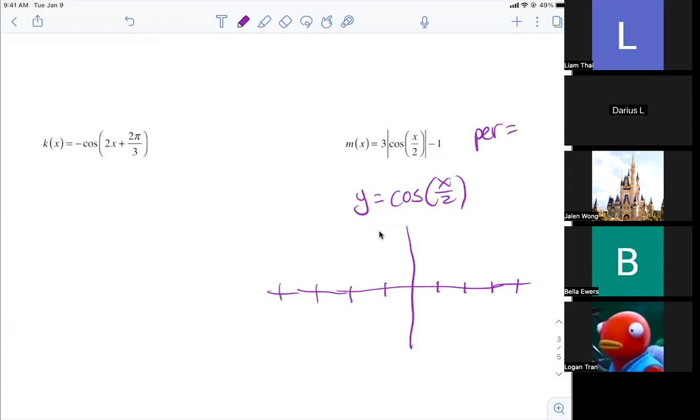What's the period of this function? It would be 4 pi, right? So if I'm drawing this, I would first draw 3 pi. I'm just going to quickly sketch this here. I would first draw what this is. Again, I'm just drawing cosine of x over 2.